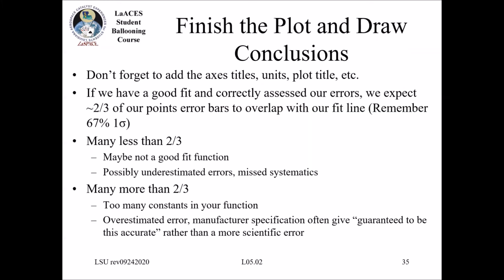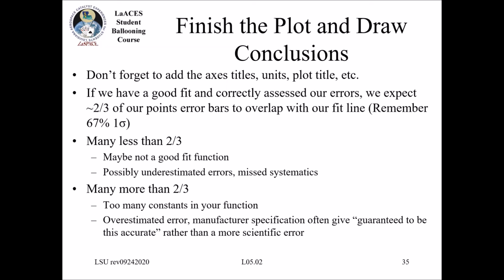Once you've done that, you want to finish the plot and then start working on conclusions or maybe go on to other analysis. Obviously you don't want to forget the usual stuff that you put on a plot: axes titles, units, a plot title. But a good quick check of your fit is that about 2/3, and this is a very rough about, of your points with the error bars should overlap with your line.